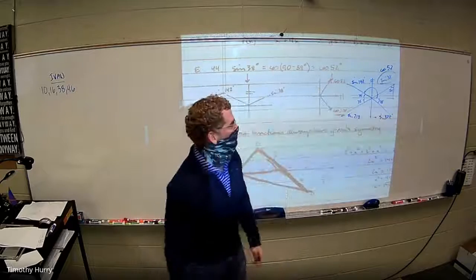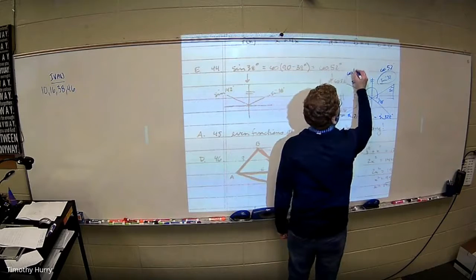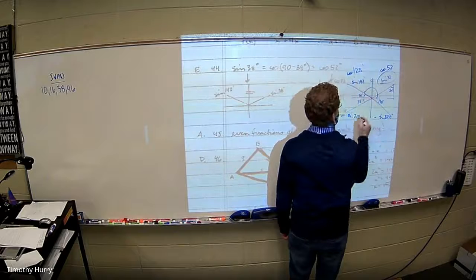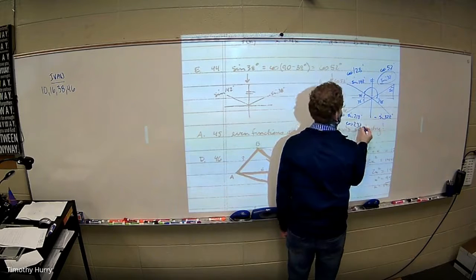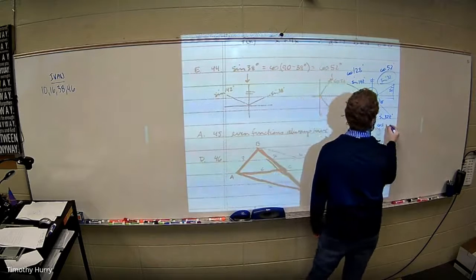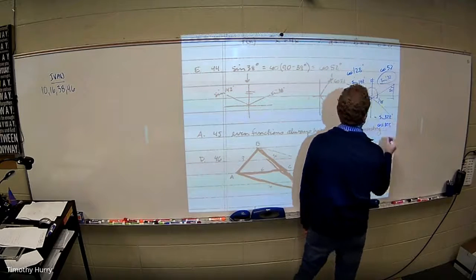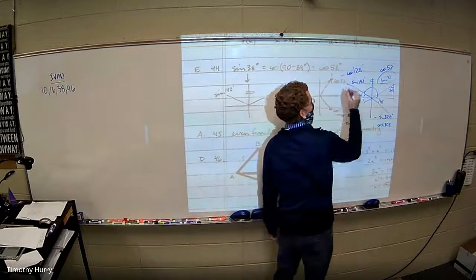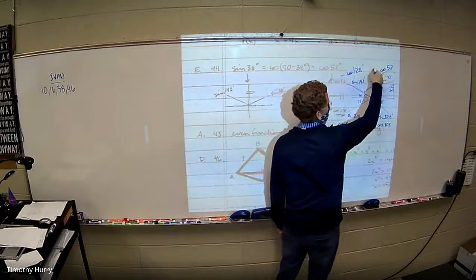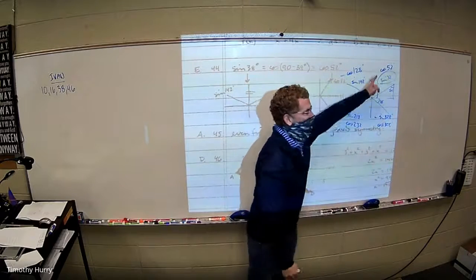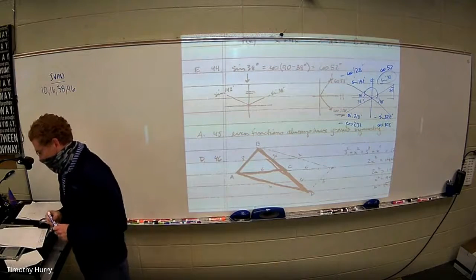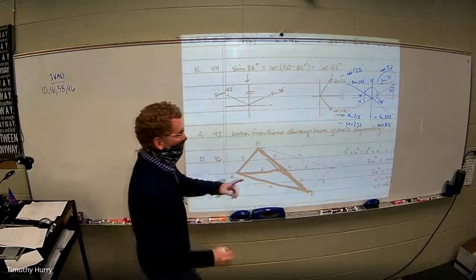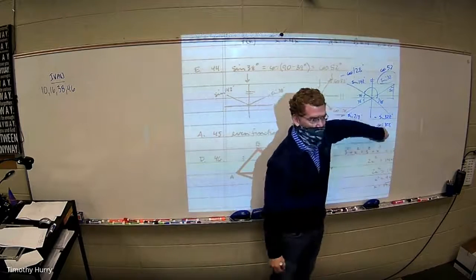So cosine of 52, cosine of 128, cosine of 232, cosine of 308. But you would have to negate these two to make them match cosine of 52, because it's only positive there. And when you do that, you end up with cosine of 308. Those are the same.